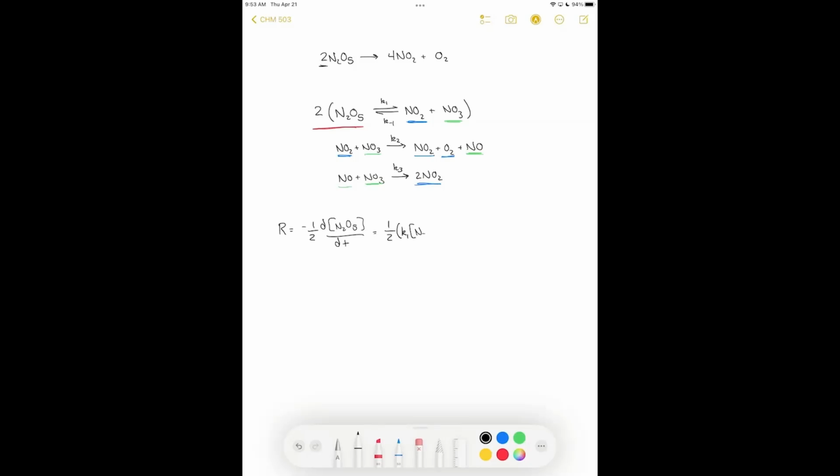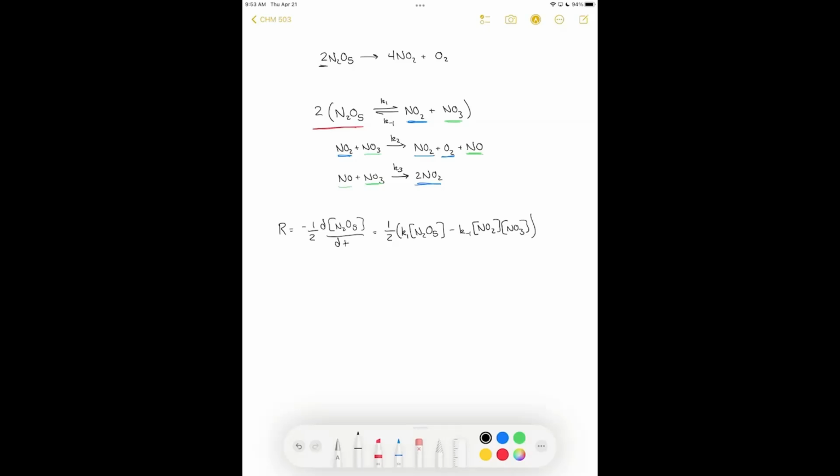So K1 times the concentration of N2O5. That's how we lose N2O5. The only way to make N2O5 is by K negative 1 times NO2 times NO3. And so this describes the rate of our reaction. To solve this rate, we need to know what the concentrations of NO2 and NO3 are.